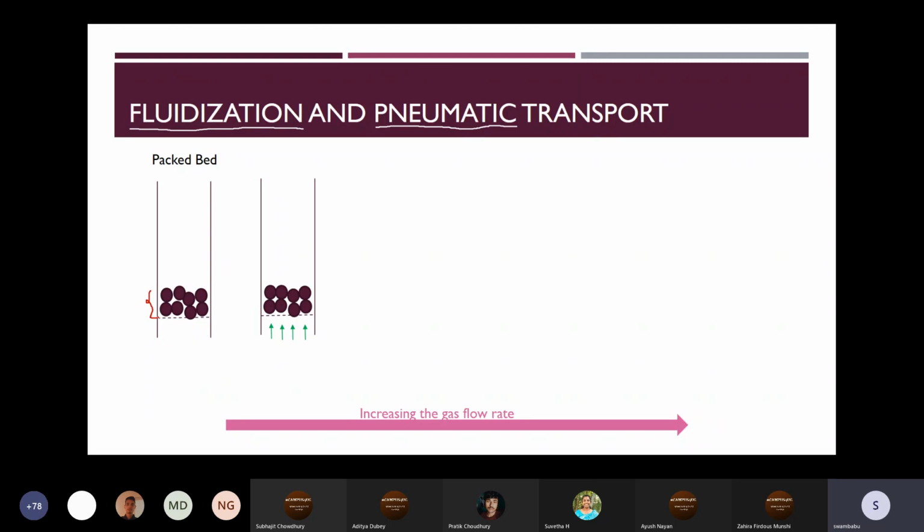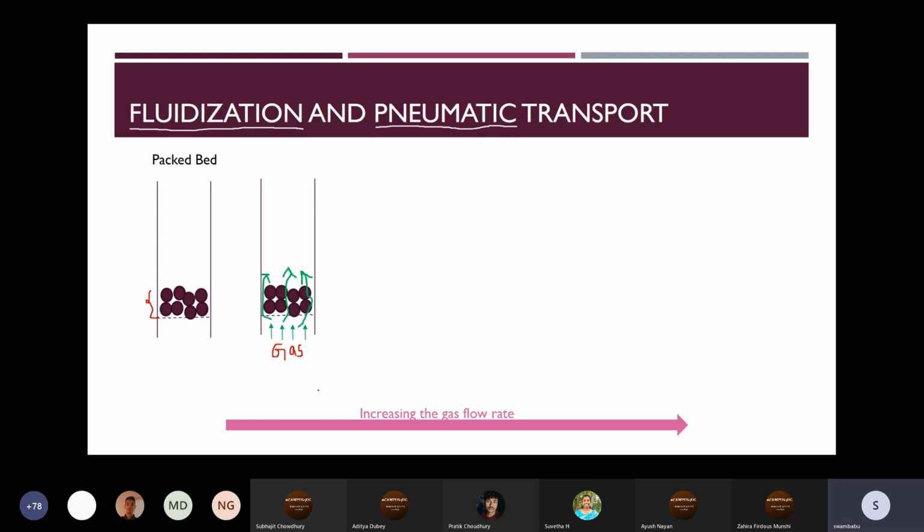This is the second one. Here we have the same packed bed and we have introduced a gas through it, but the velocity or flow rate of the gas is very low.